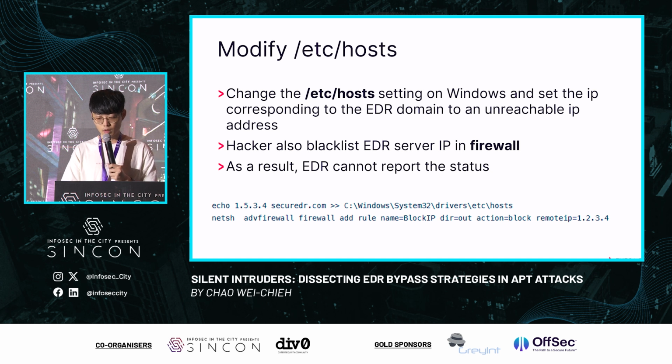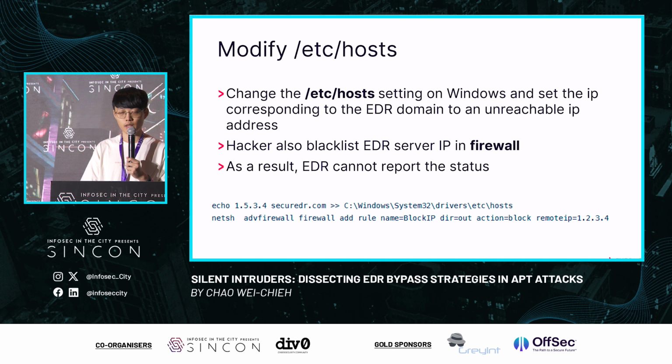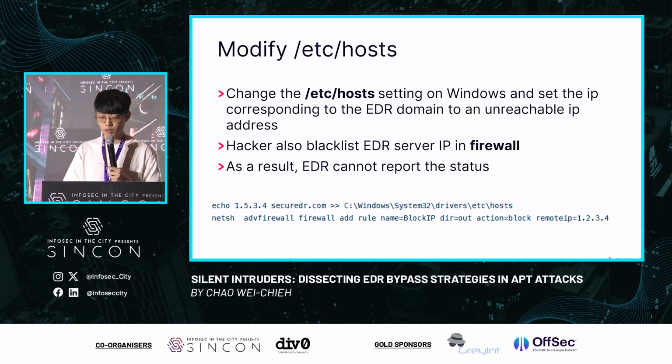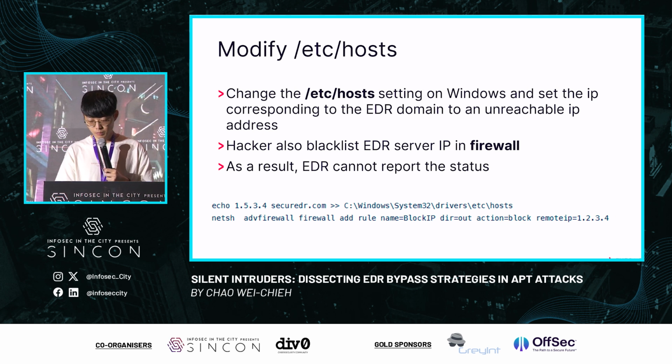So here is how they cut the network. First, they change the etc hosts settings on Windows. We know that etc hosts is a map between domain and IP. By changing the EDR domain to an unreachable IP, this can effectively cut the network of the EDR.